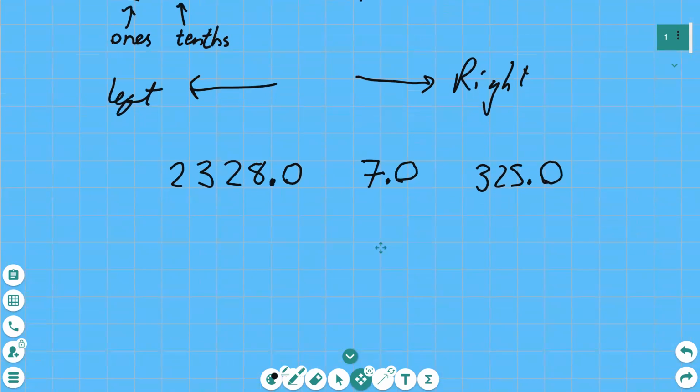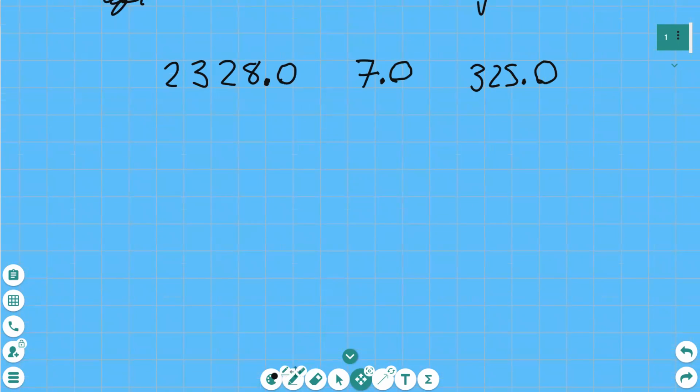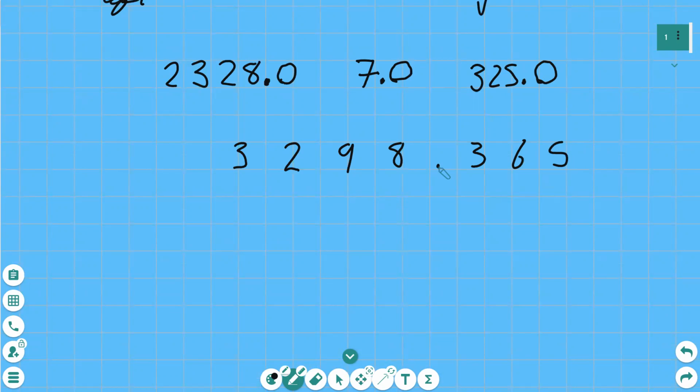Okay, so we know where our decimal point is. Now we want to move it, don't we? Let's take a number like, I'll spread the numbers out a bit. This is 3,298.365. The decimal point is there. We can see it.